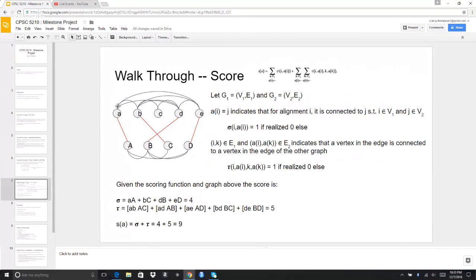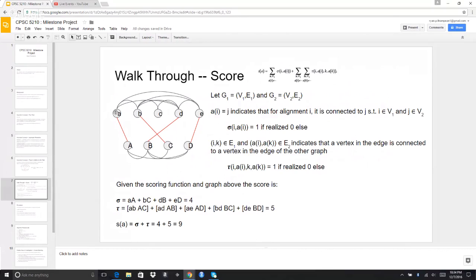So we're going to let G1 and G2 be two distinct graphs, independent of each other, but connected in some way. So A of I equals J indicates that for alignment, I is connected to J, such that I is an element of V1 and J is an element of V2.